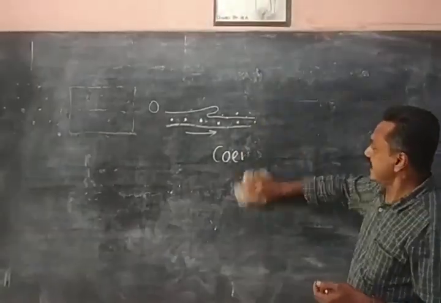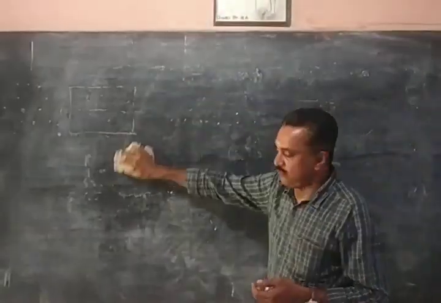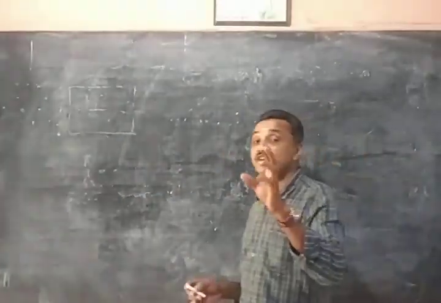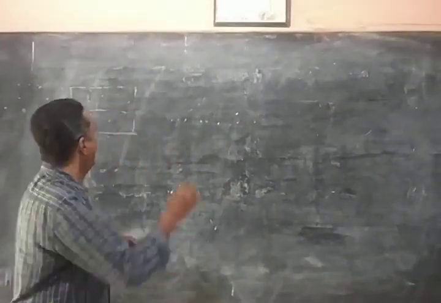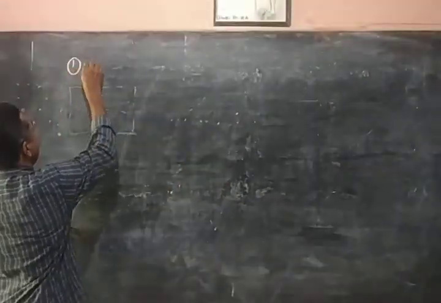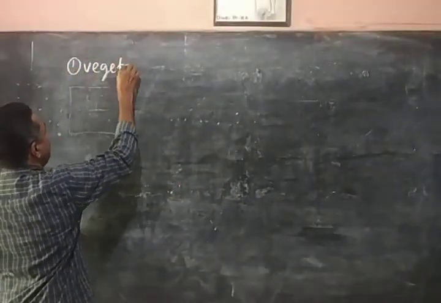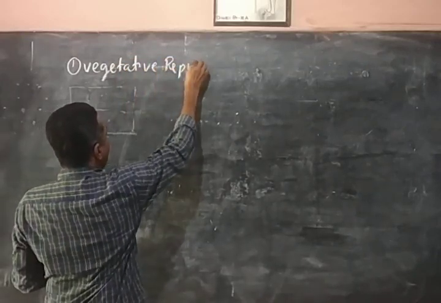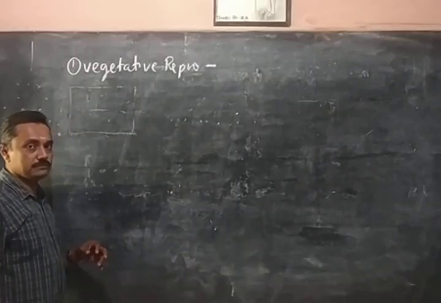Then see the types of reproduction in fungus. How do fungi reproduce? Fungus reproduce by three methods. First, the common, simple method called vegetative reproduction.